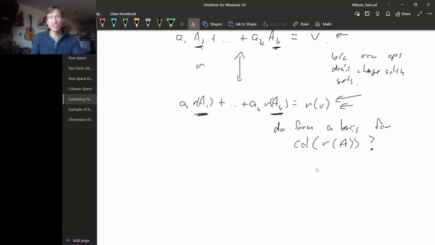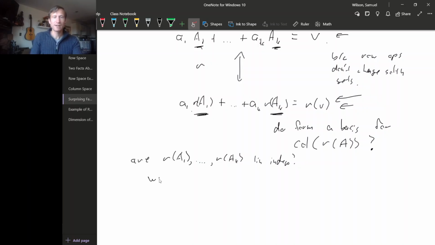Well, let's check. To answer this question, we need to know, are these vectors, the row operation applied to the first column, and so on, down to the row operation applied to the kth column, linearly independent? Okay, well, take a linear dependence relationship.